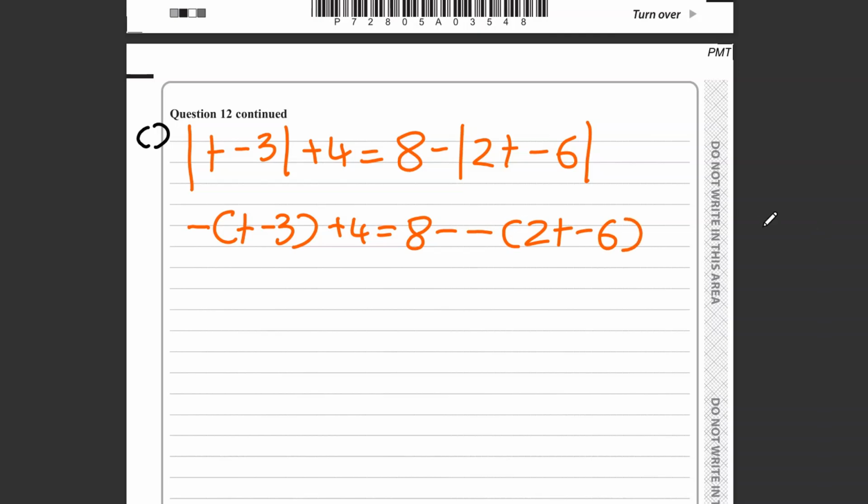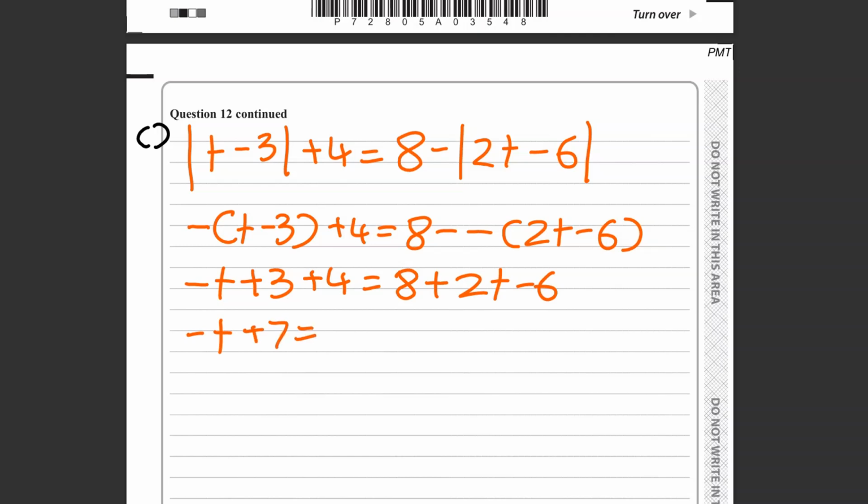If we expand this, it's going to be minus t plus 3 plus 4. This is equal to 8, and then we have these two minuses, so now this is going to be plus 2t minus 6. This is going to be minus t plus 7, and this is equal to 2t plus 2.